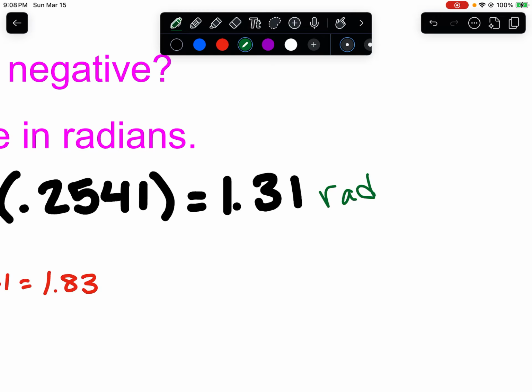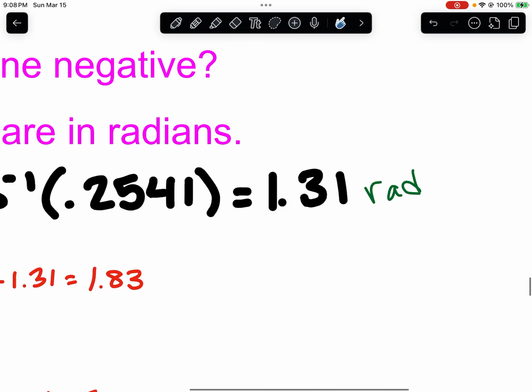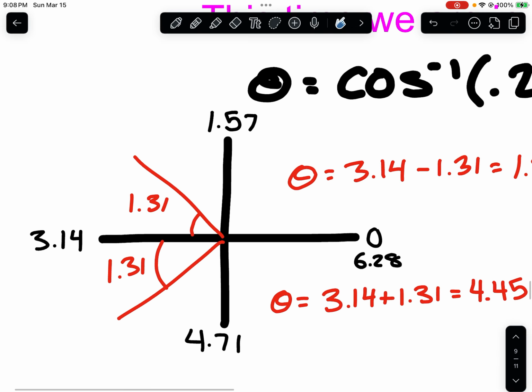But like I had mentioned maybe in a previous lesson, if we're dealing with radians that don't have a pi involved, so just this 1.31 decimal value, what might be more beneficial is labeling our coordinate plane instead of pi over 2, pi, 3 pi over 2, and 2 pi, labeling them as 1.57, 3.14, 4.71.